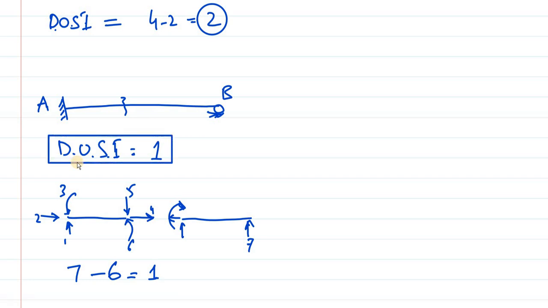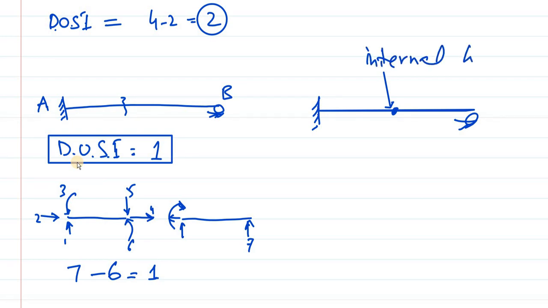The point I wanted to mention is that in case the same prop cantilever beam has an internal hinge, maybe over here, this internal hinge is just a connection between the right and left segments. It's not a support.